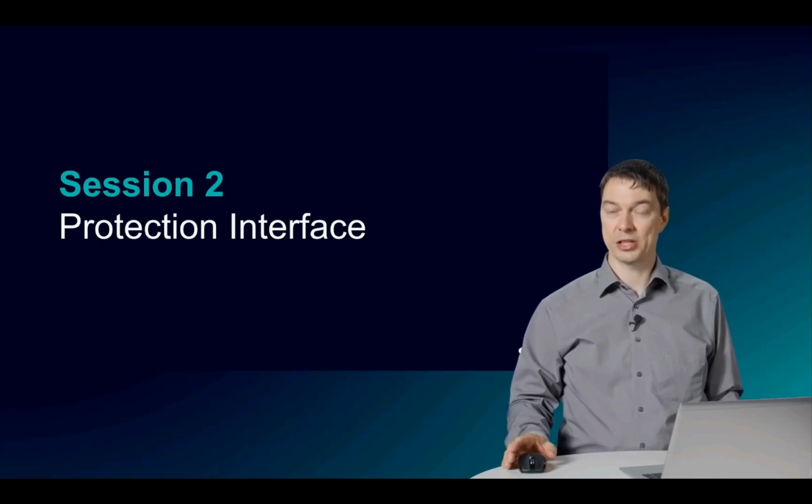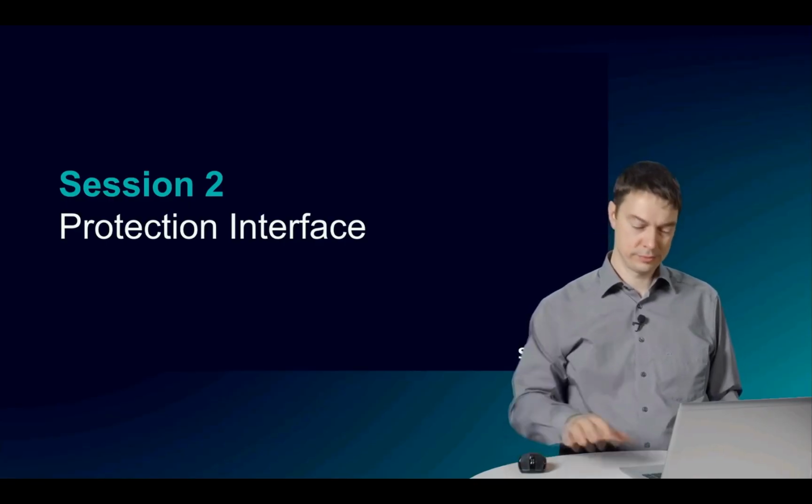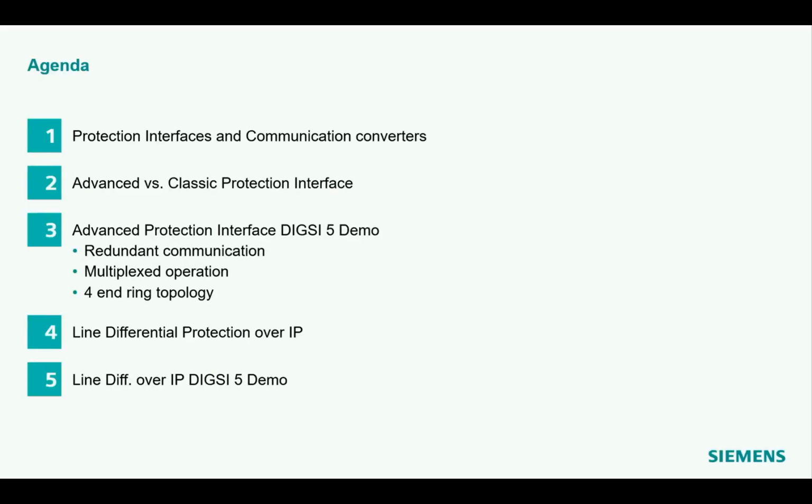Let's start with the agenda of the second part. The agenda looks as follows. First, I will give you some insights into the protection interfaces and the available communication converters. In the second part, I will present you the workflows for the advanced versus the classic protection interface.